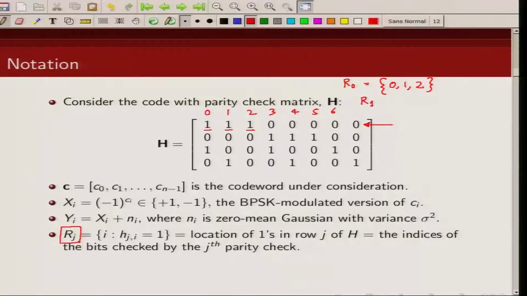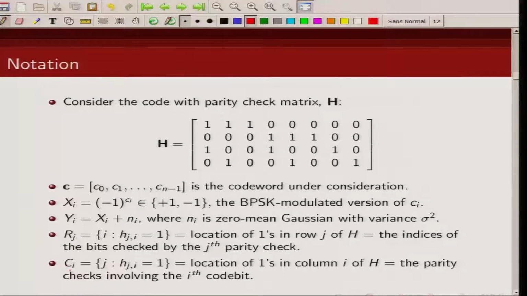Similarly, R1 will be 3, 4 and 5. R2 will be 0, 3 and 6. And R3 will be 1, 4 and 7. So, that is your Rj.